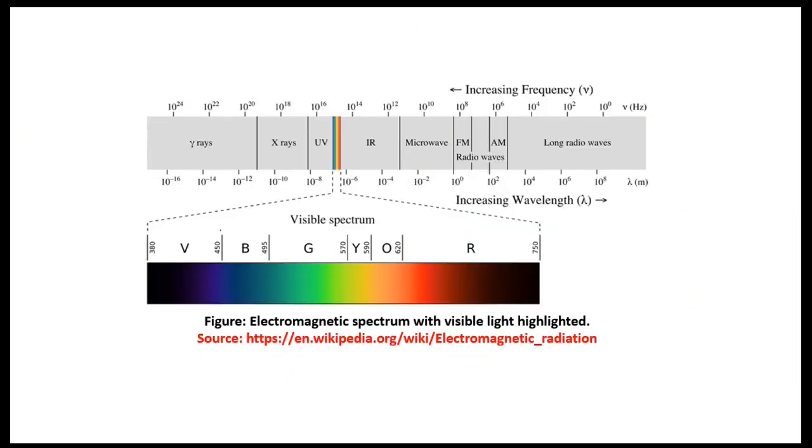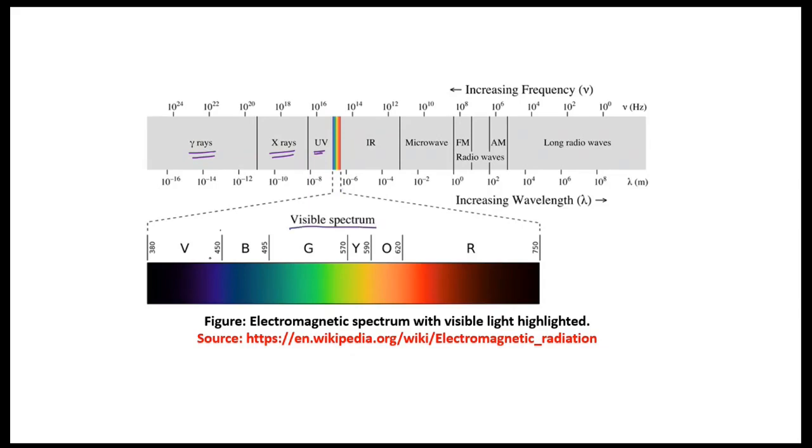Now, when we look into the electromagnetic spectrum, on the left hand side we have gamma rays. Then we have X-rays. As we move towards our right, we have UV. Then we have the visible spectrum.